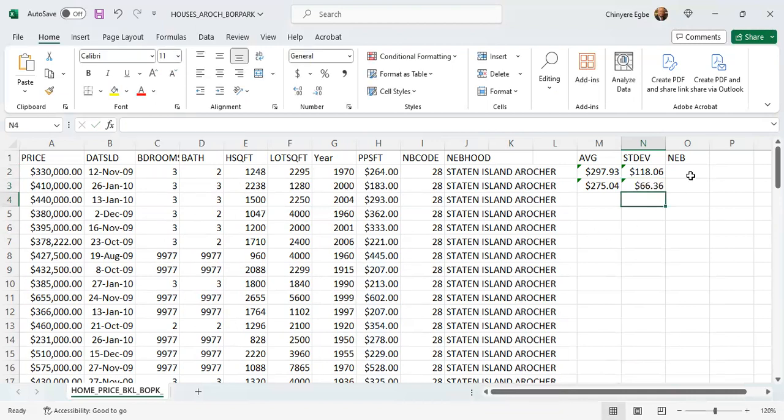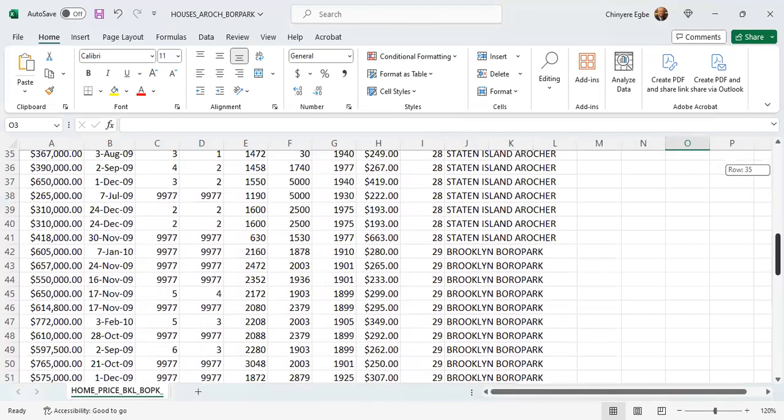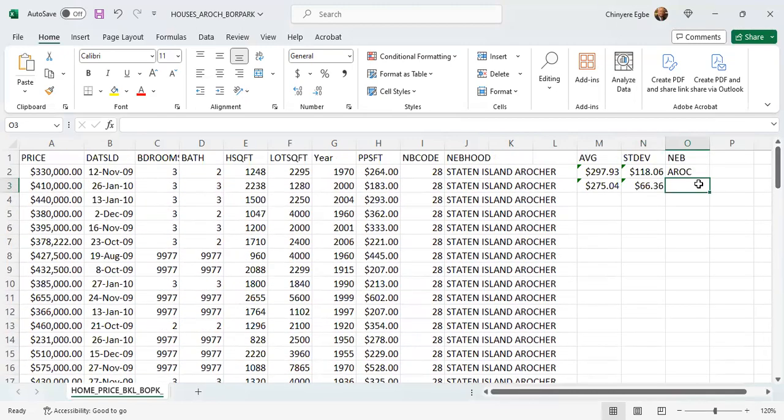All right. And this is our share. And what do you know about the neighborhood? It's Brooklyn. All right. So now we have the average and the standard deviation.